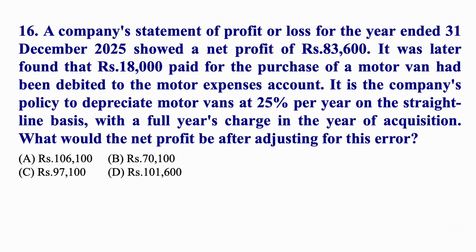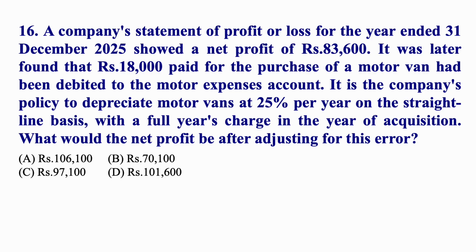Estimate. A company's statement of profit or loss for the year ended 31st December 2025 showed a net profit of rupees 83,600. It was later found that rupees 18,000 paid for the purchase of a motor van had been debited to the motor expenses account.